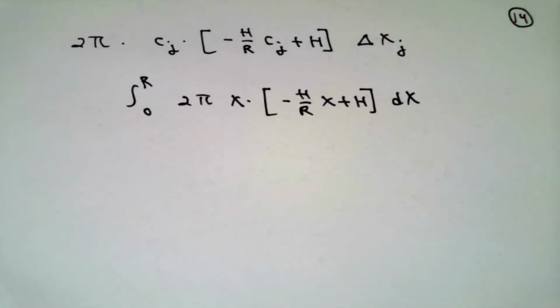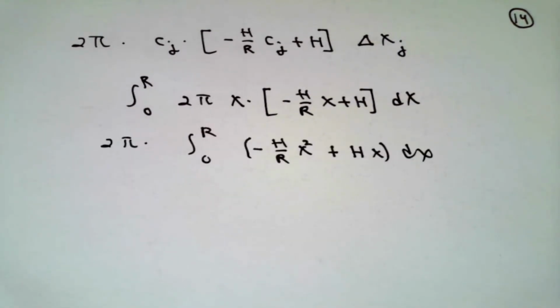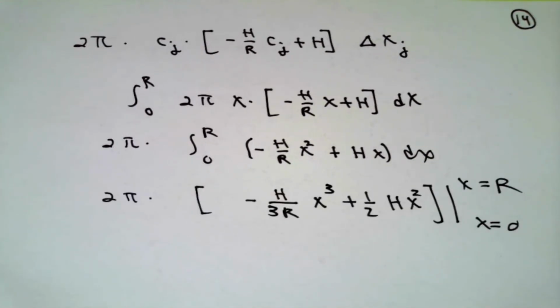Then, as usual, pull the constant factor of 2 pi out, and we'll have to do a little bit of rearranging. Keeping in mind that capital H and capital R are just constants, an antiderivative is easy to get. When x is 0, the antiderivative is 0, so I only have to write down the first part where x is equal to r.